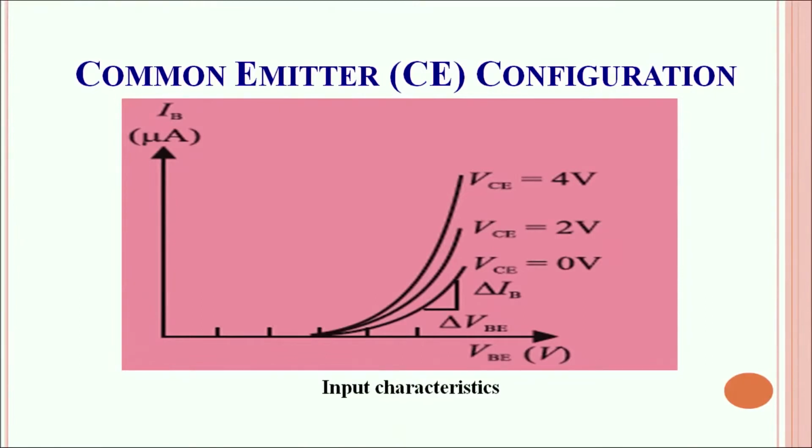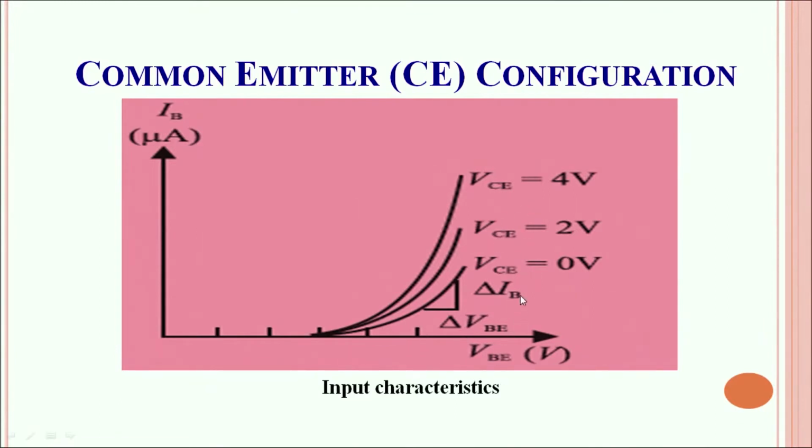This is the input characteristic curve of the common emitter configuration. As you can see over here, to start with, initially there is no rise in the value of the base current because there is a barrier potential. As soon as the barrier potential, which is around 0.6 volts, is attained, there is a sharp increase in the value of the base current with an increase in the base emitter voltage.